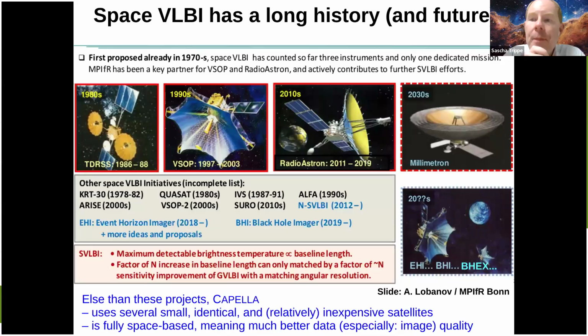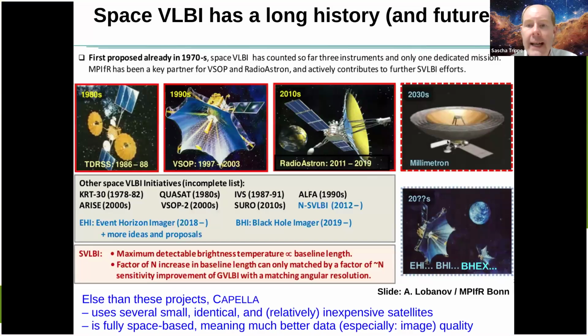Okay, so we want to go to space. And as it turns out, space VLBI has a pretty long history, and probably a future, but with a twist. In the past, and even with existing projects right now, space VLBI always meant there's one antenna in space, already with the TDRSS experiment in the 1980s with a communication satellite, and several antennas on the ground, and all of those antennas together observe the same target.